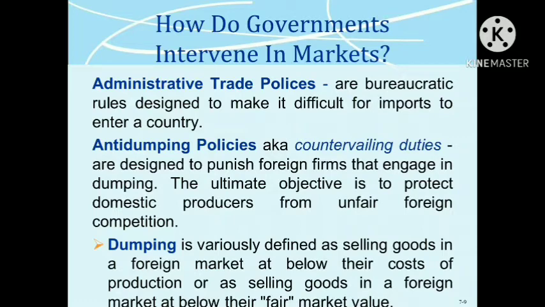Let's say in the case of wheat flour, the Turkish flour dominated the domestic market position for flour here in the Philippines due to their prevailing low prices, despite the fact that the Philippines imposed anti-dumping duties. The Philippine Association of Flour Millers filed a petition against Turkish suppliers for flour.